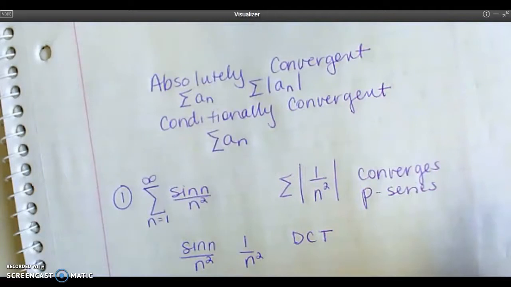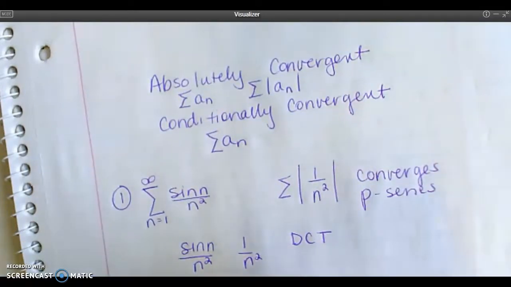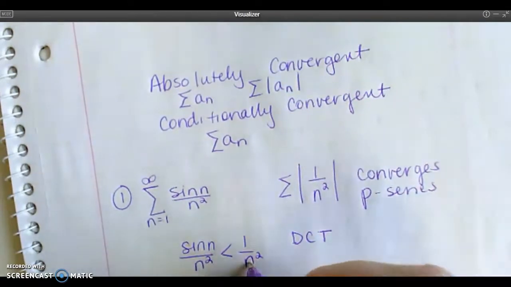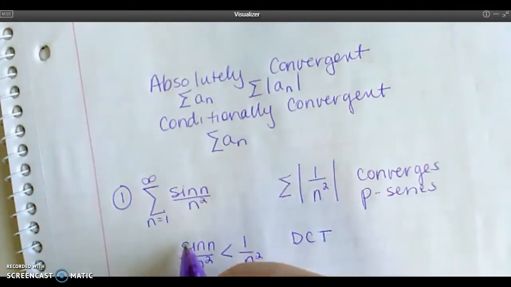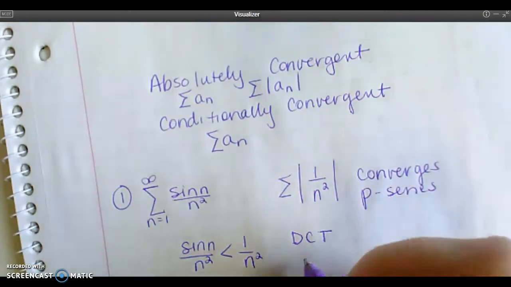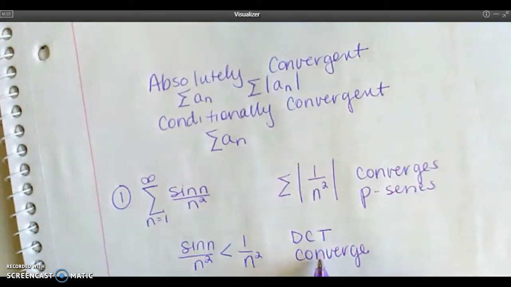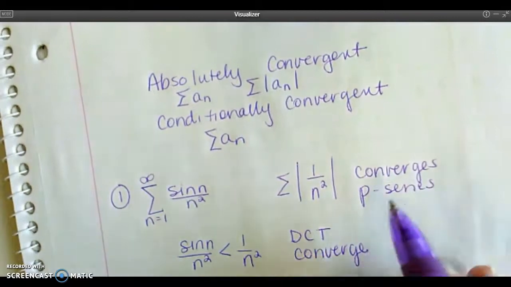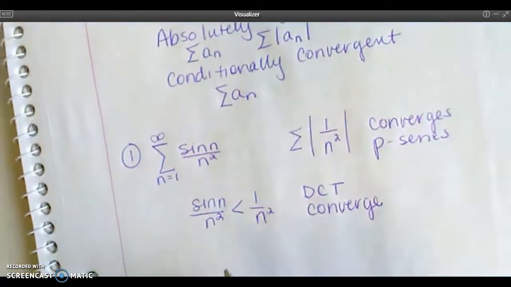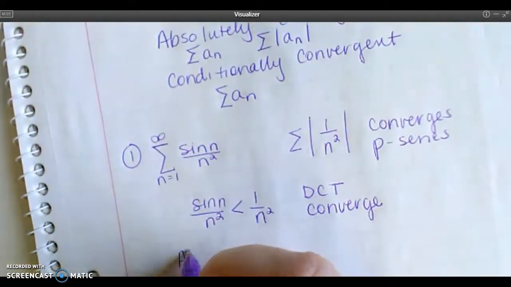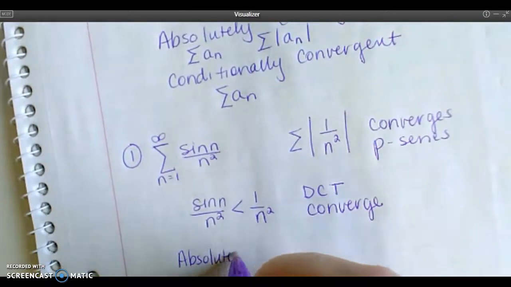What you will find is that this will be less than this. This converges by p-series, which we already know, and because this is a lesser value, I know that it will also converge. So the original converges by direct comparison test. The absolute value converges by the p-series, so this series is absolutely convergent.